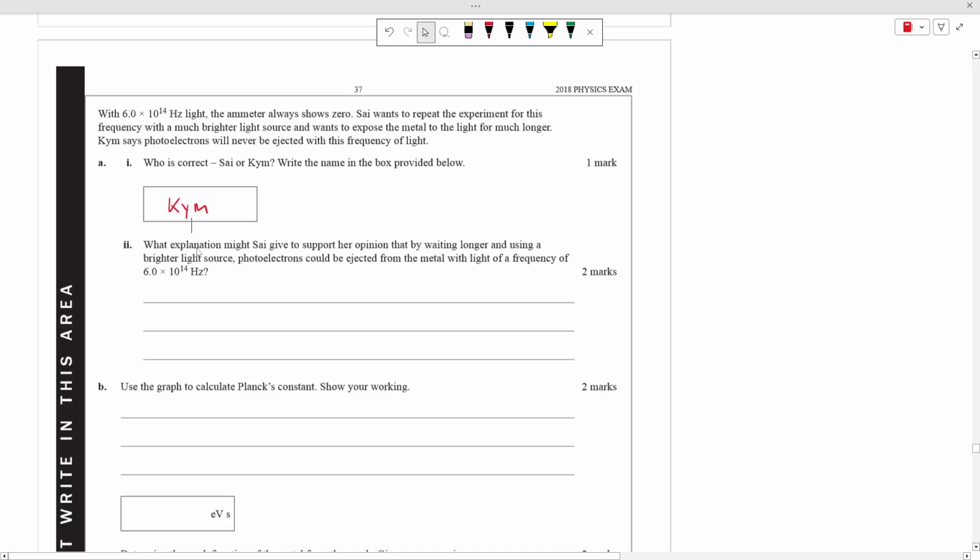Now part 2 though, what explanation might Sai give to support her opinion that by waiting longer and using a brighter light source, photoelectrons could be ejected from the metal with a lower frequency of light? So what explanation could the person who's wrong possibly give to support the claim that the photoelectrons could be ejected from the metal by waiting longer and using a brighter light source?